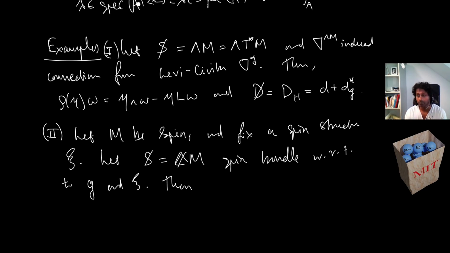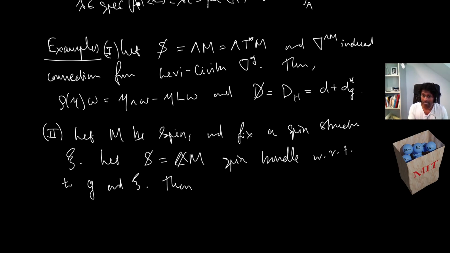A given spin manifold can have lots of different spin bundles. So there's a correspondence between spin bundles and spin structures, but of course the bundle construction also relies on the metric g. If you change the metric g, then the spin bundle itself might change, because you have to take into account the orthonormal frames, right?